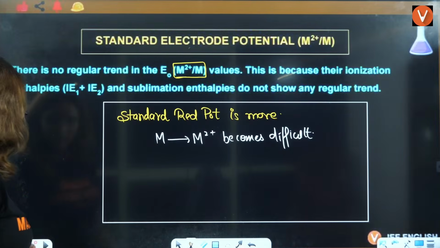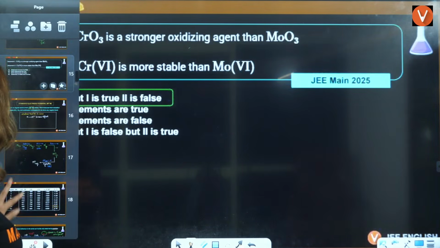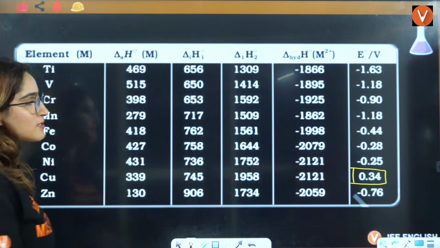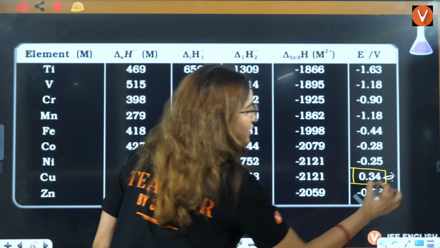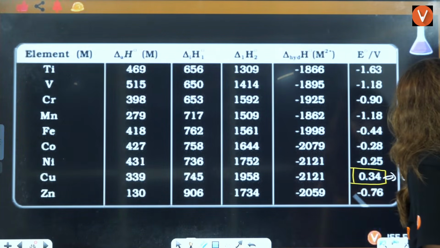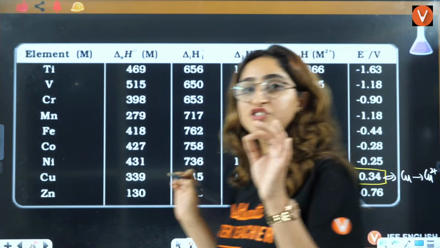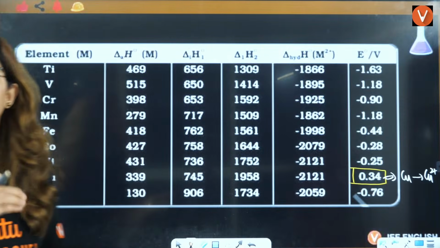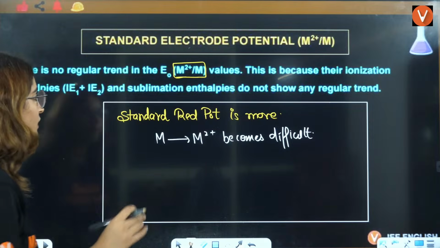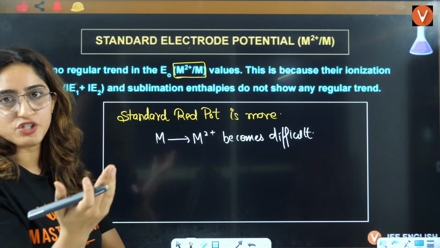So if I am saying that this has positive electrode potential, that means from Cu to Cu2 positive, the change is very, very, very difficult. Okay, so this is a simple trick that you should remember. Because positive standard reduction potential, right?